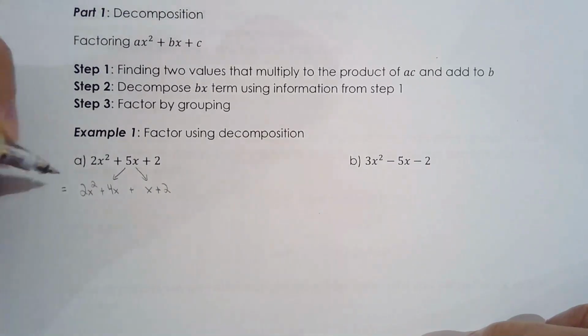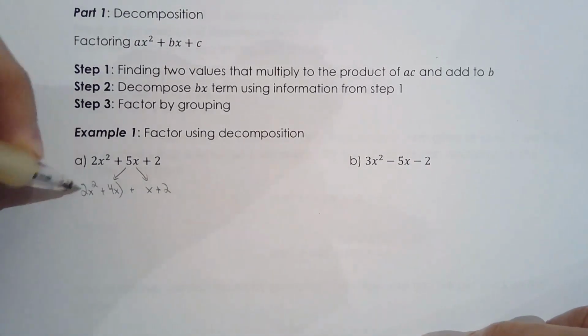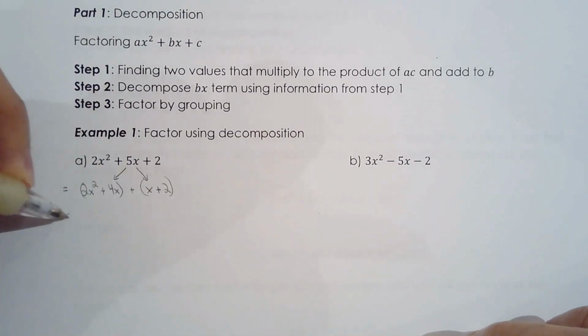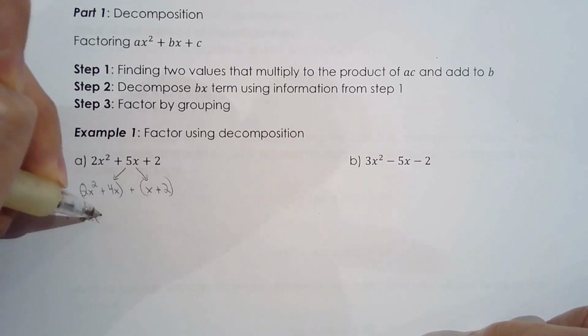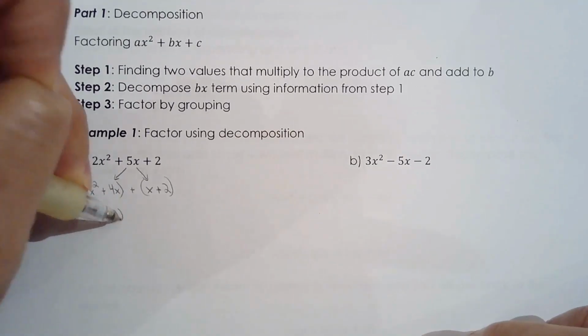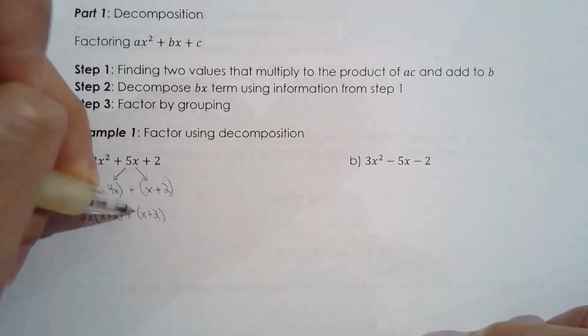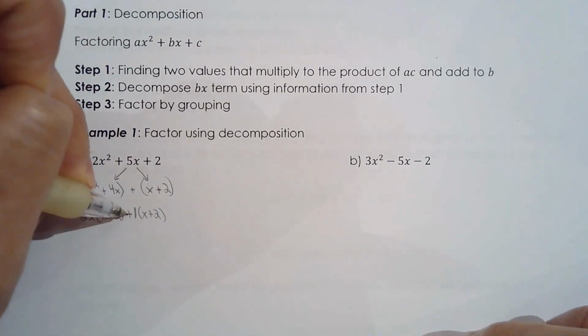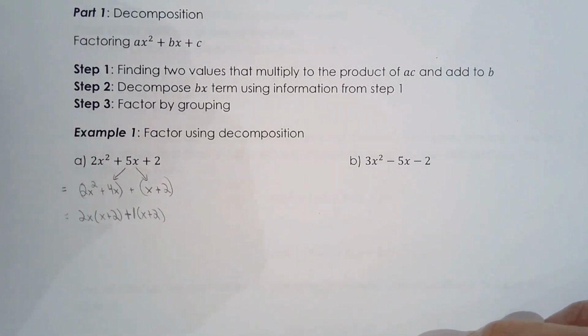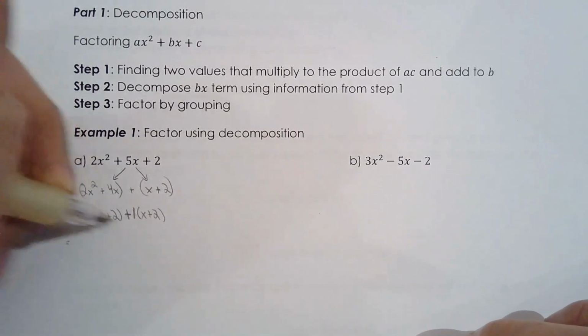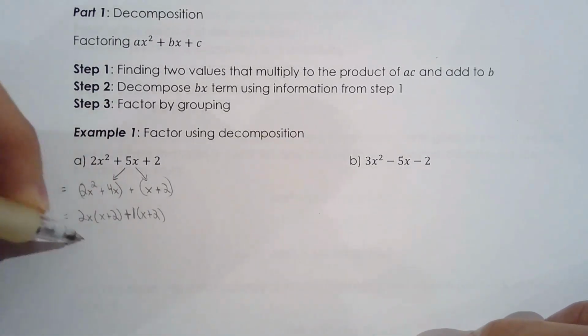Okay, now what do you do? You factor by grouping. You can put a 1 here if you want. So now, hopefully you didn't forget, x plus 2 is a common factor.